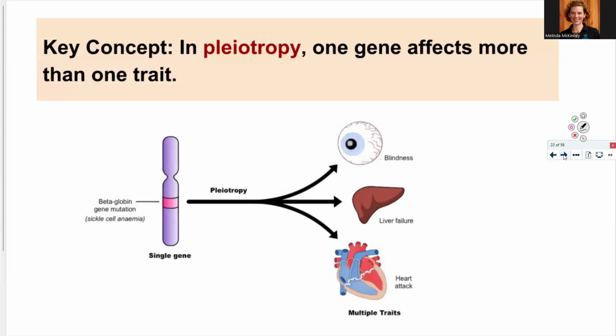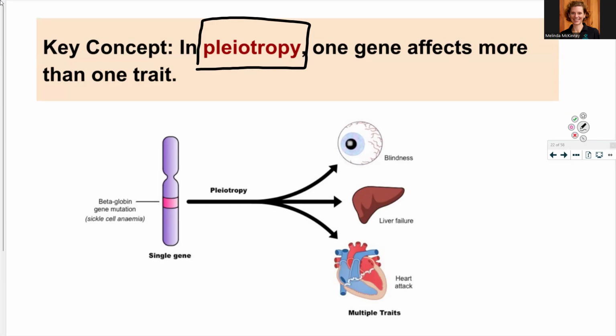So pleiotropy, this is another vocabulary word. Pleio is many. So it's one gene affecting many different traits.